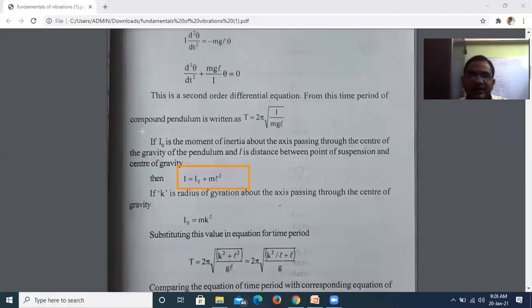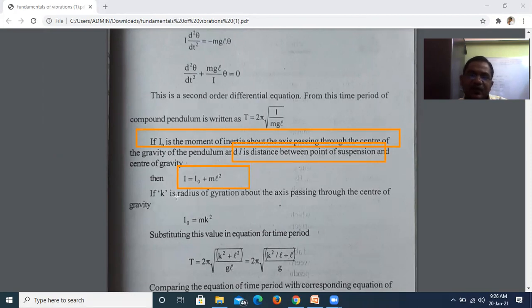If I naught is the moment of inertia of the compound pendulum about the axis passing through the center of gravity of the pendulum, and L is the distance between the point of suspension and center of gravity, then you can write I is equal to I naught plus ml square.